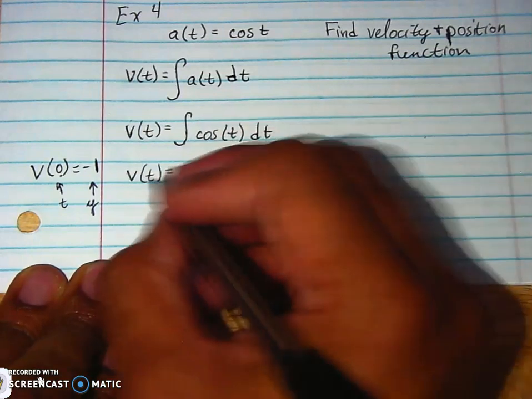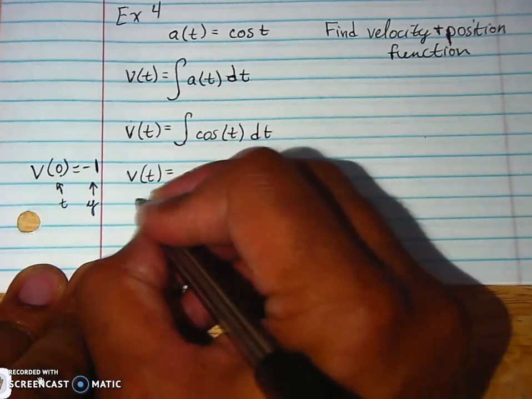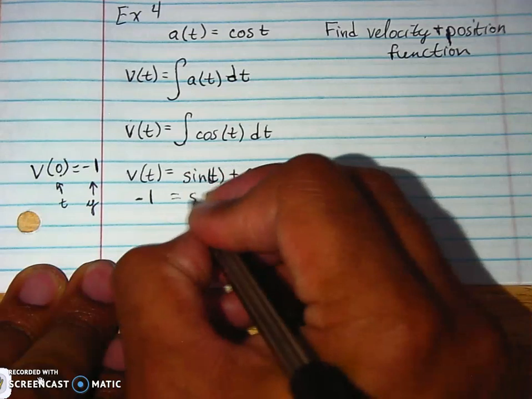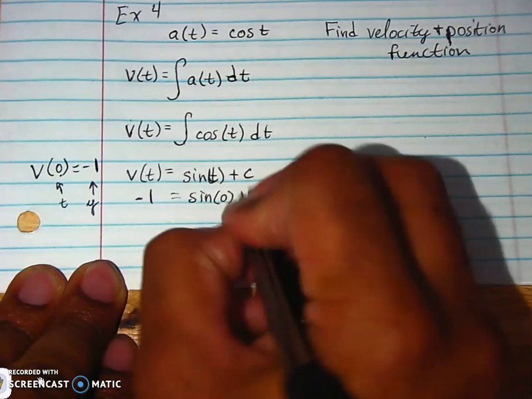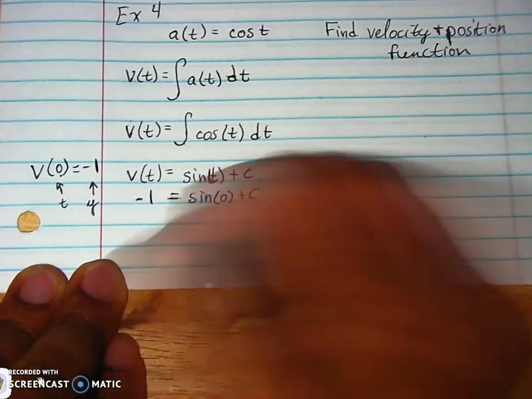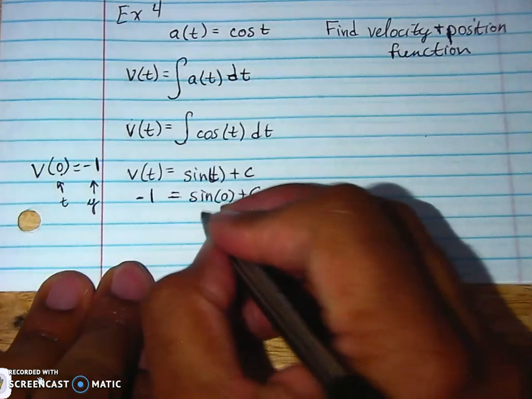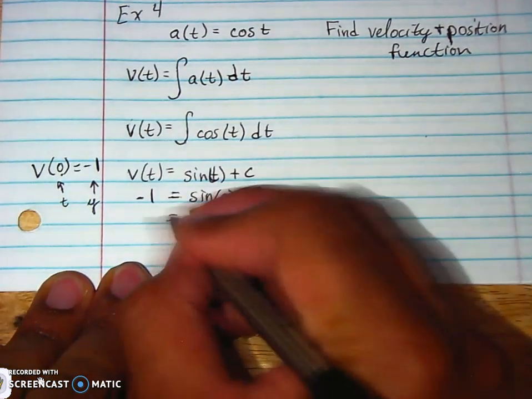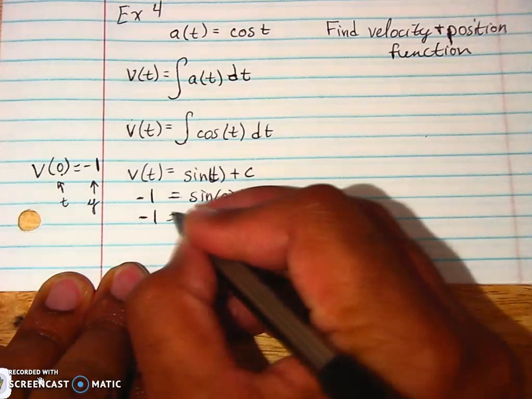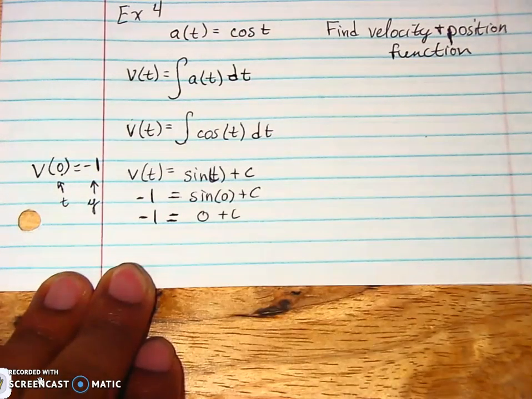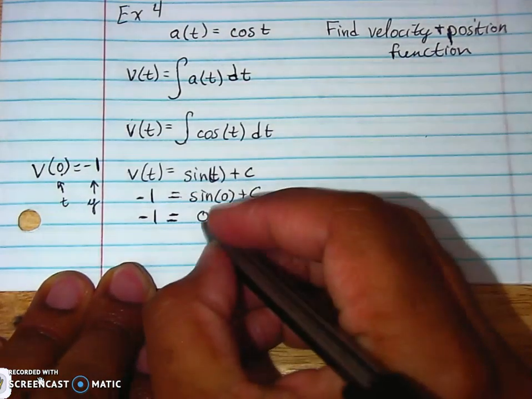So here that would be -1 equals sine of 0 plus c. Again, you have to know your trig values. So this is 0 plus c equals -1, and then c is actually -1.